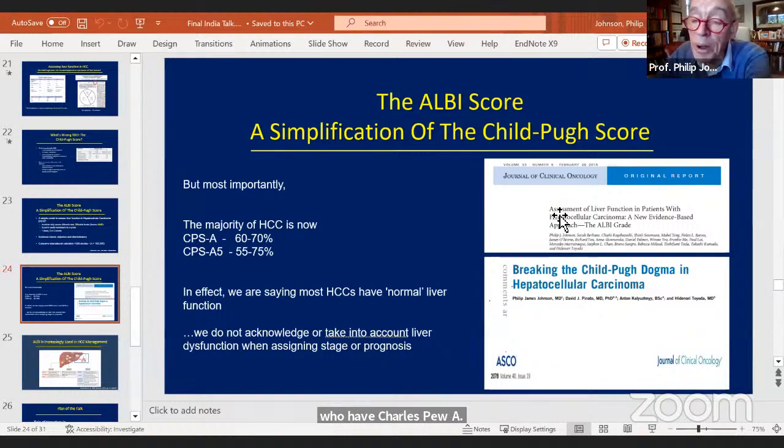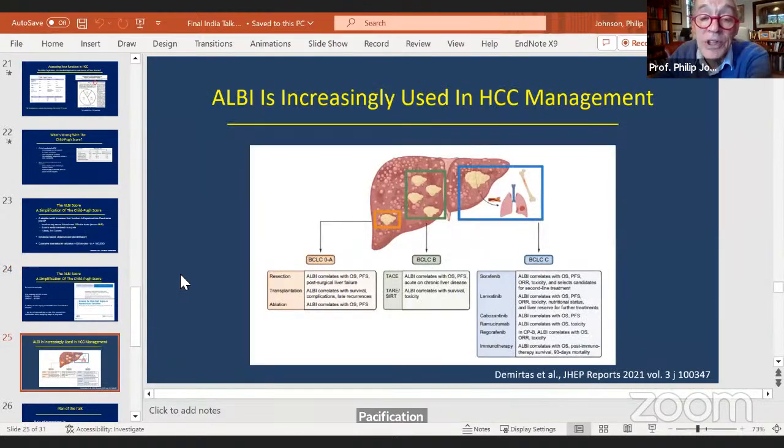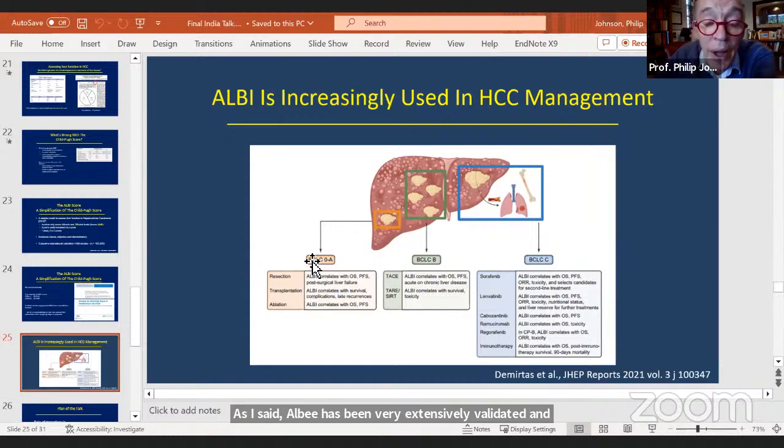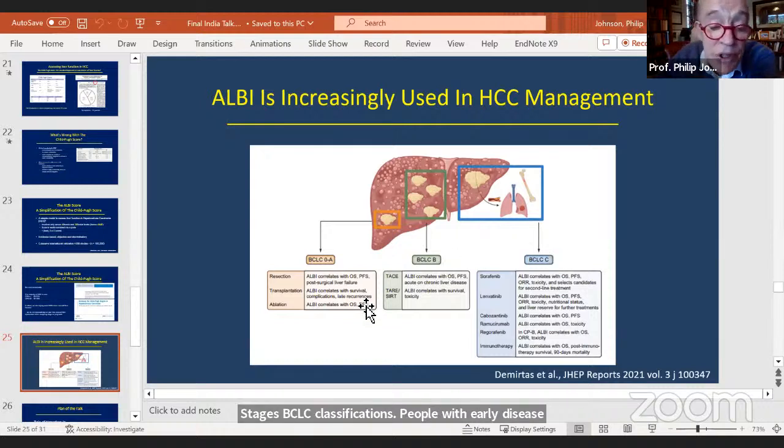This is the original publication, and this was one suggesting that ALBI should replace the Child-Pugh classification. As I said, ALBI has been very extensively validated, and this is probably the most detailed one. It's done according to the various stages, BCLC classifications, people with early disease, intermediate disease, and advanced disease.